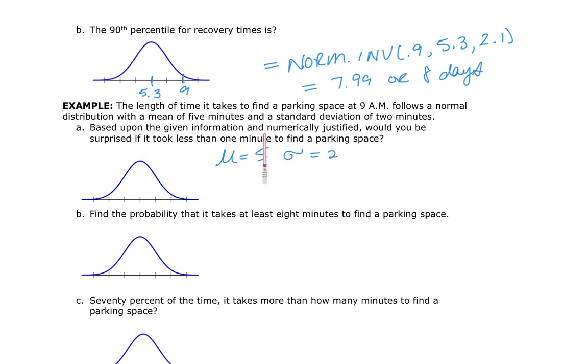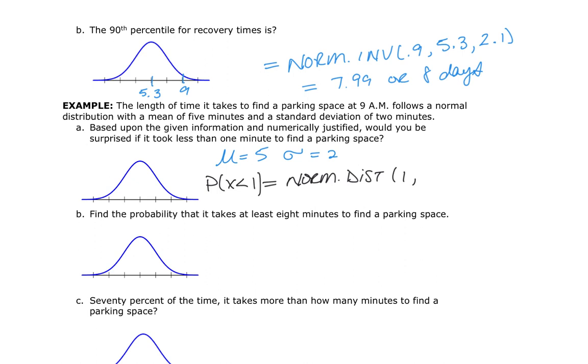Based upon the given information and numerically justified, would you be surprised if it took less than 1 minute to find a parking space? Okay, so I'm going to do the norm.dist. I'm going to put in 1 because that's what I'm really interested in. And what I'm looking for is the probability of my value being less than 1.